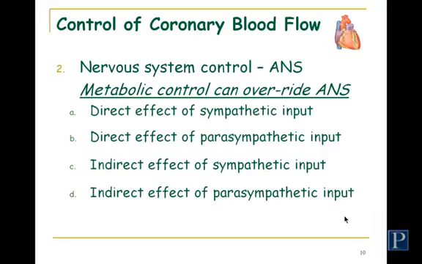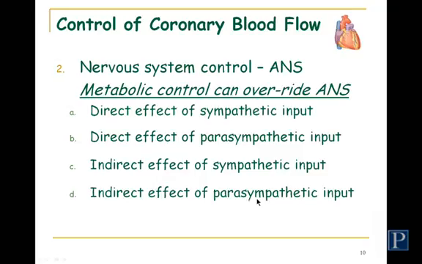Therefore, you're going to have an increase in metabolic byproducts being produced within the muscle, which will influence the blood vessels, the coronary blood vessels. So if you have an increase in lactic acid production, an increased demand for oxygen, an increased hydrogen ion concentration, higher CO2 levels, those are all potent vasodilators. So the effects of metabolism will cause dilation in the coronary blood vessels.